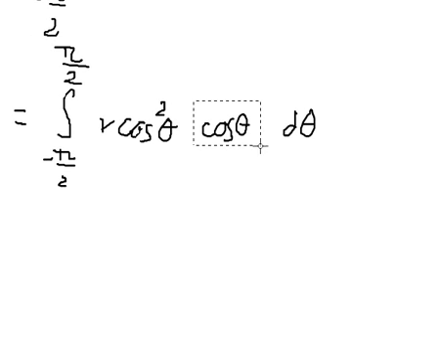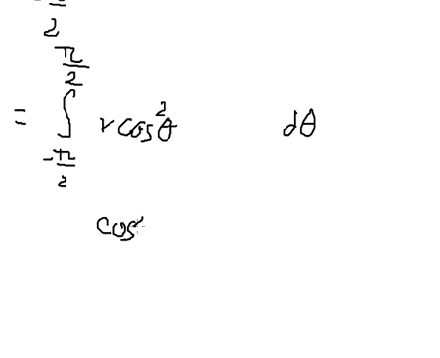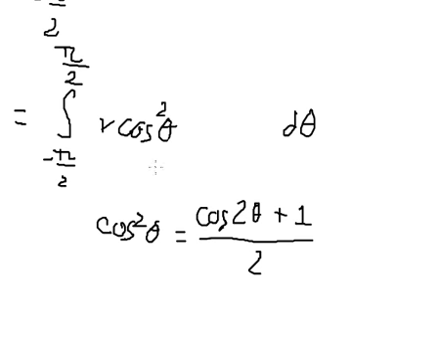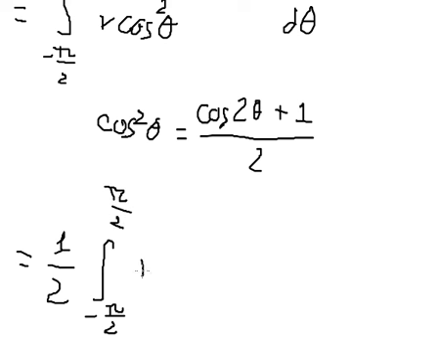If we multiply through by cosine theta, we have the formula here. I will put the pi here. Because I just put the 2 outside, that's why we have 1/2.